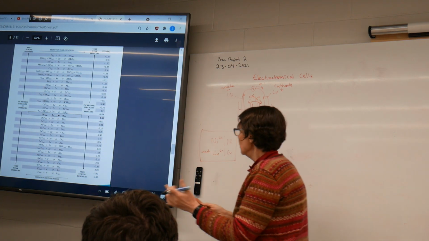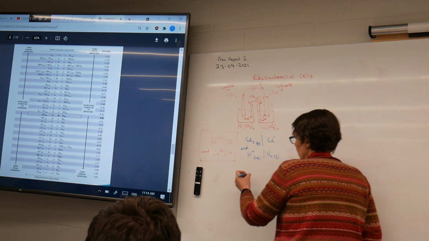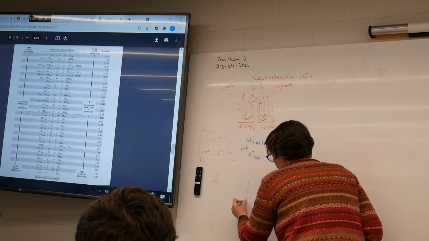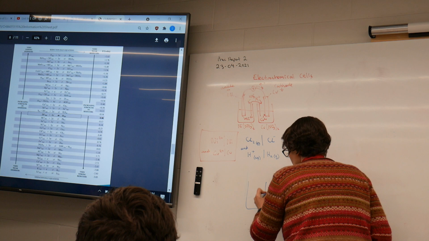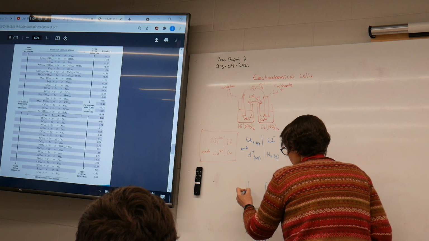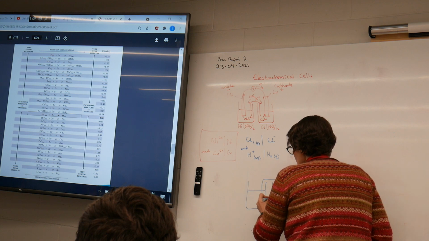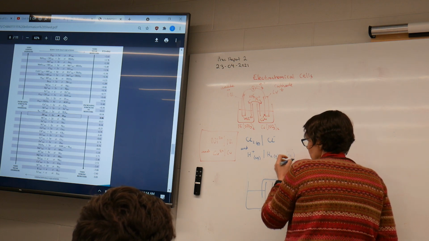So that means I know which way to set up my beakers. This is my oxidation reaction.